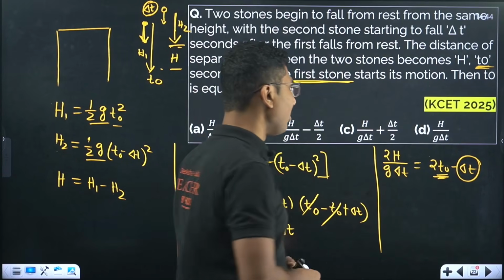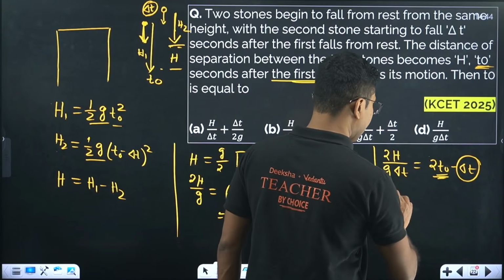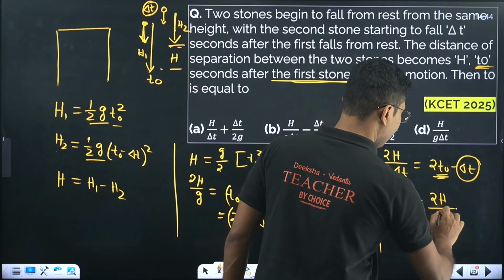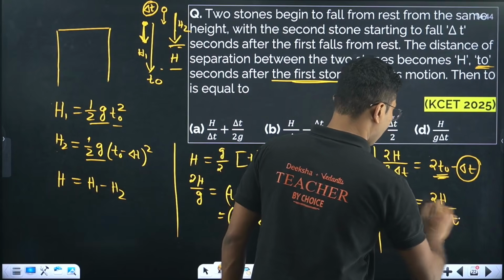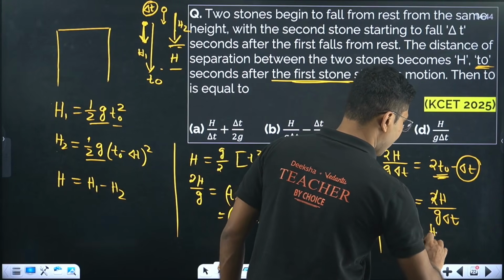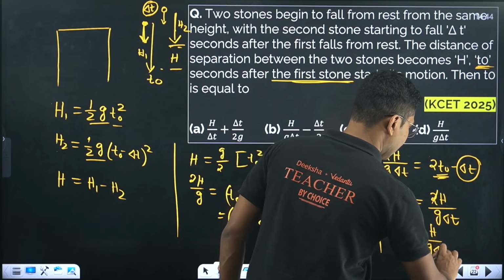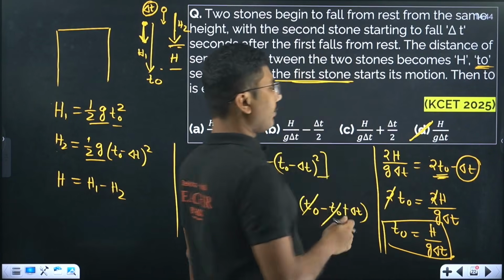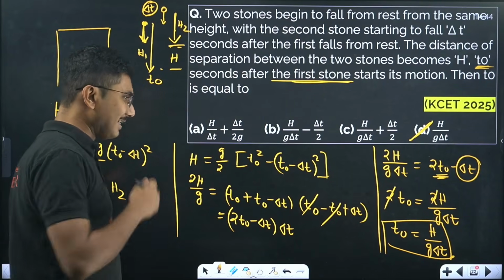You can write 2 t naught equals 2H by g into Δt, or 2 cancels and you can say t naught equals H by g Δt. So the correct answer is option D, H by g Δt.